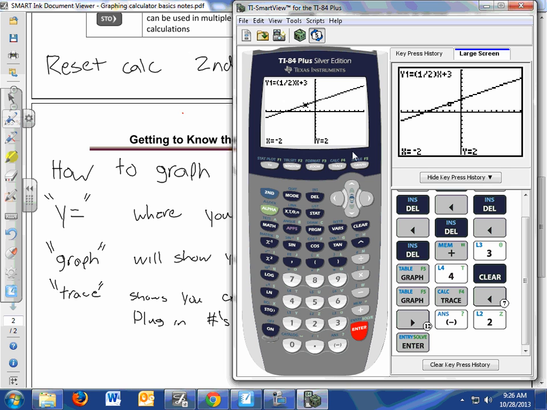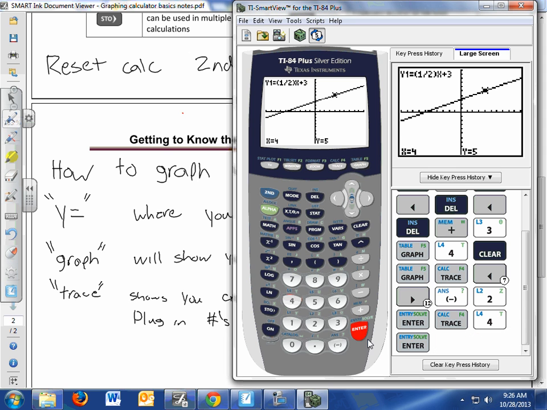Say you want to know what is the y that goes with 4. Once you press trace, you can press 4. It says x equals 4. Press enter. It says 4 goes with 5. That is a solution. So everybody find the solution that goes with negative 7.2. Go.